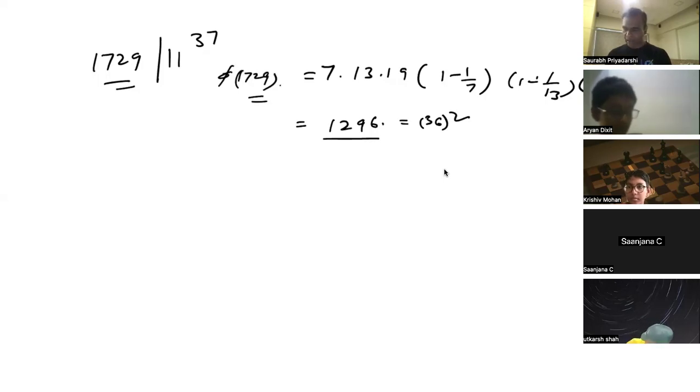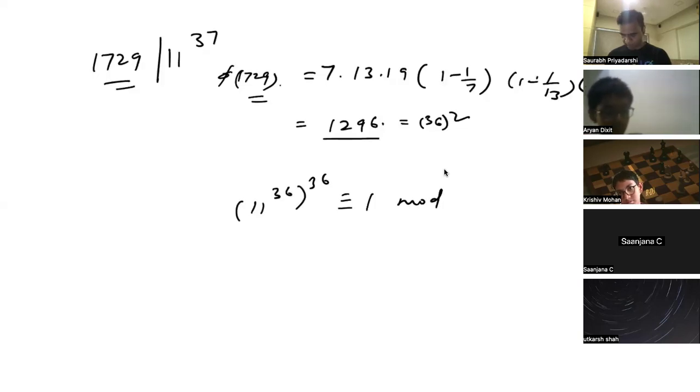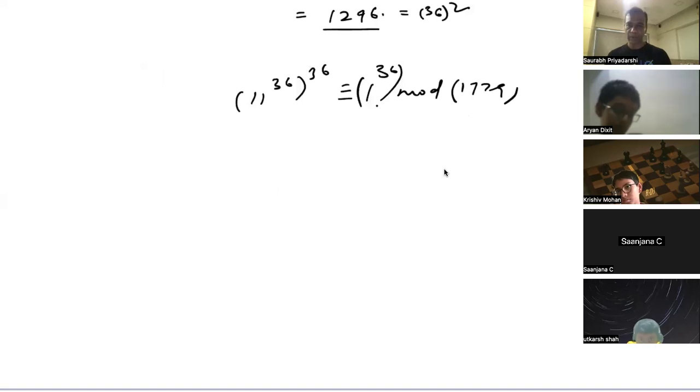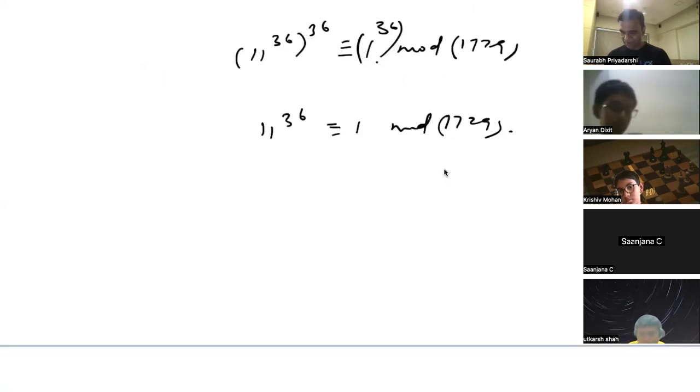Any 11 to the power 36 is congruent to 1 mod 1729. Multiplying, we have to put 37 now.